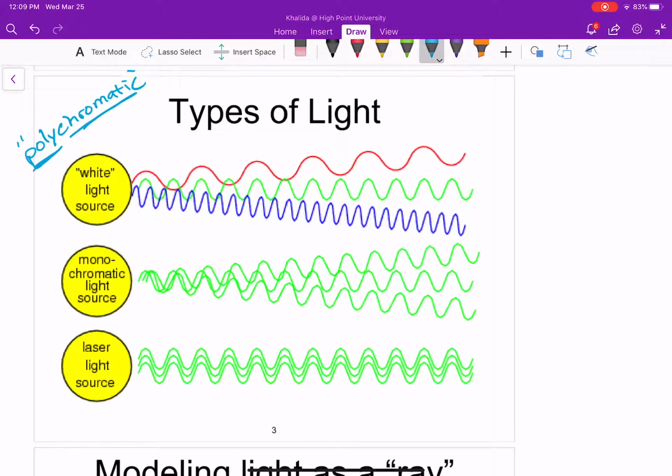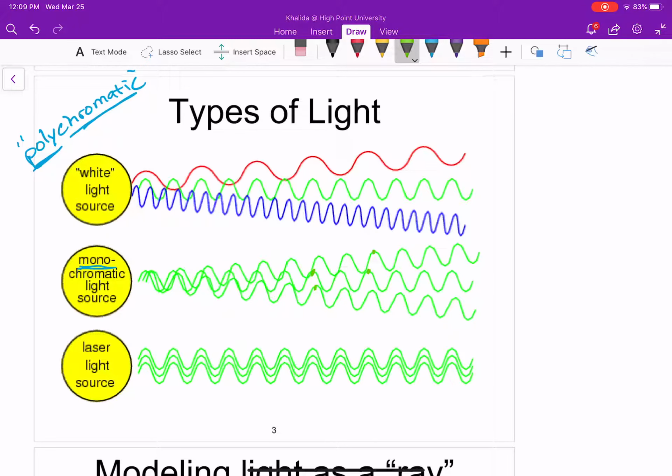It is polychromatic. We can also have monochromatic light sources, which are a light source that produces only a single wavelength of light. Now, you may notice in here that even though all the waves are depicted as being the same wavelength, the same color green, the peak here is not in the same place as this peak here, and this peak here is not lined up with this peak here.